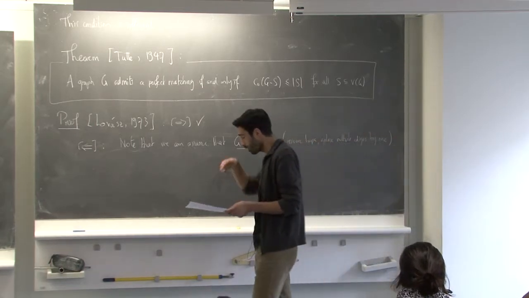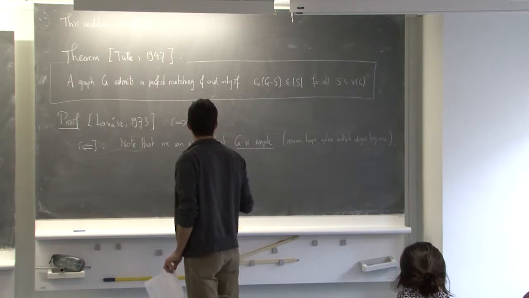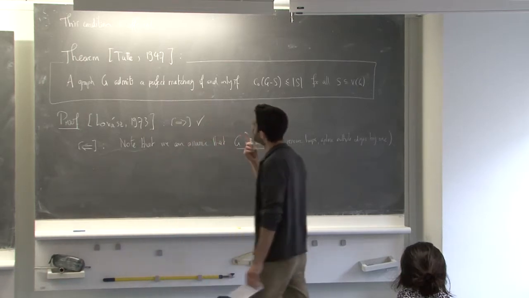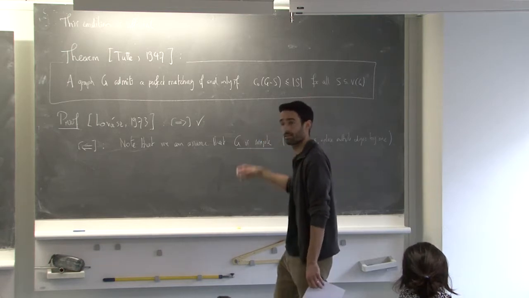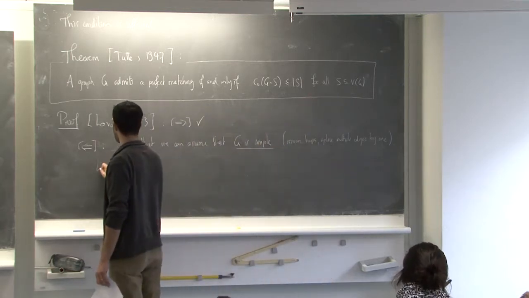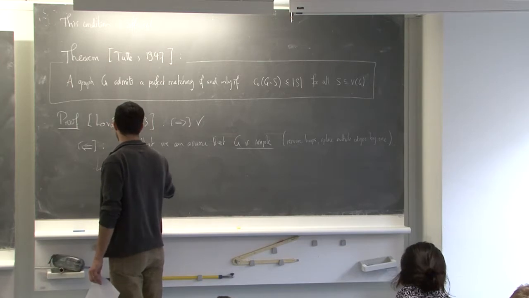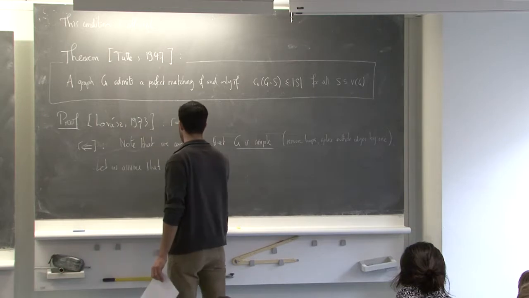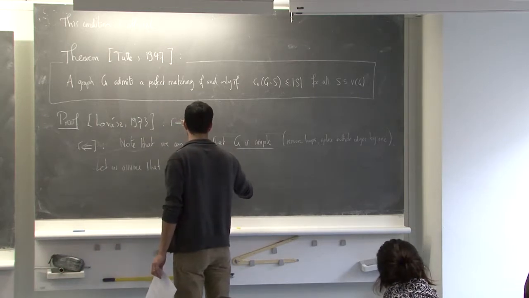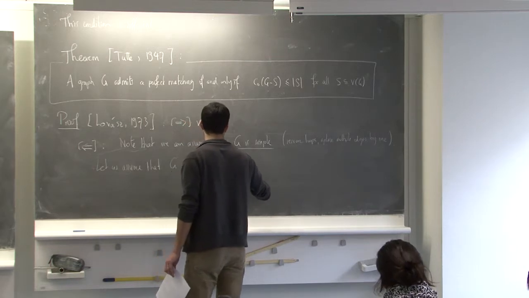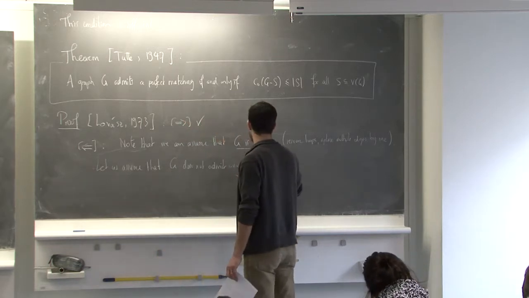Okay, so what we're going to do is assume that G does not admit a perfect matching, and then we'll try to find S such that... Okay. So let's assume that G does not admit any perfect matching.